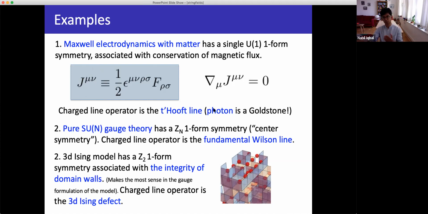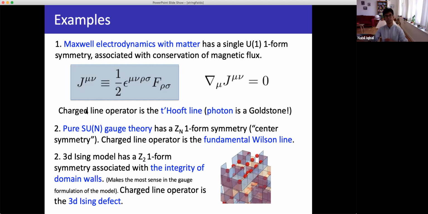It's a kind of disorder operator you can construct, it's a straightforward construction. And in fact, the photon, the normal photon that we know and love, can be thought of as the Goldstone mode, because in the normal phase of E&M, this symmetry is spontaneously broken, all right? So this is, I claim, the correct way to think about the symmetries that are present in ordinary Maxwell electrodynamics.